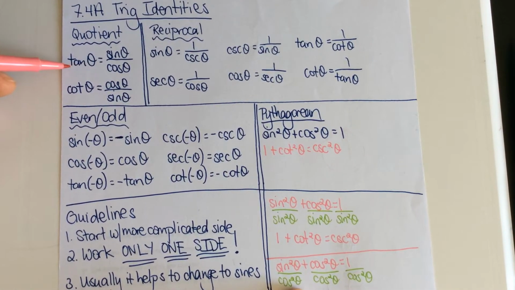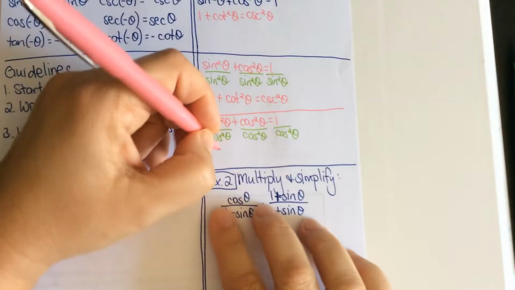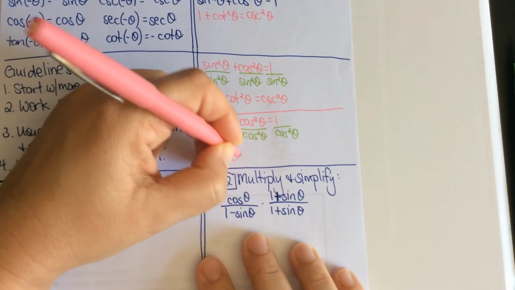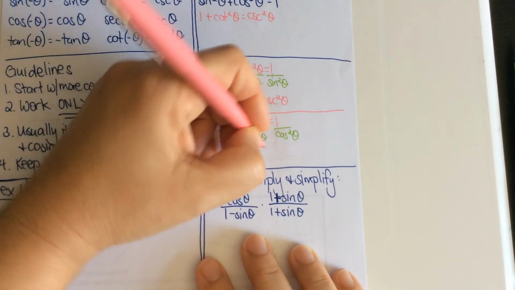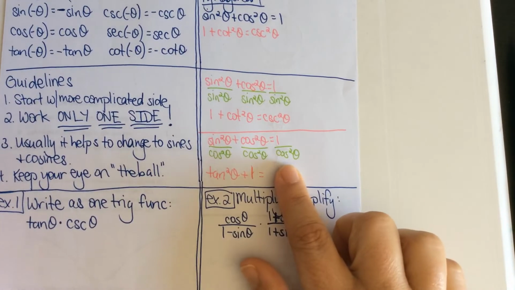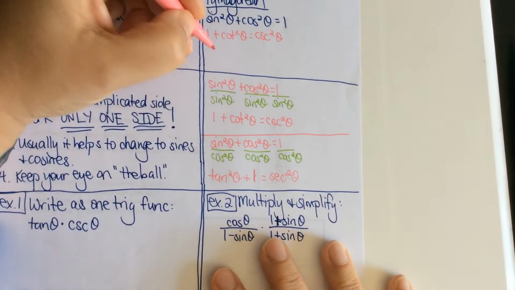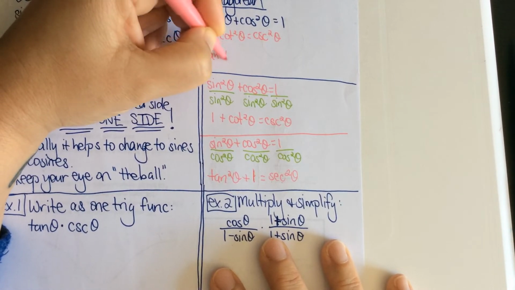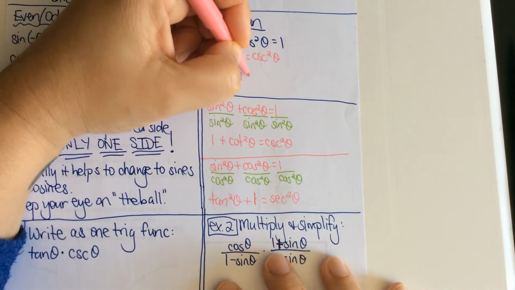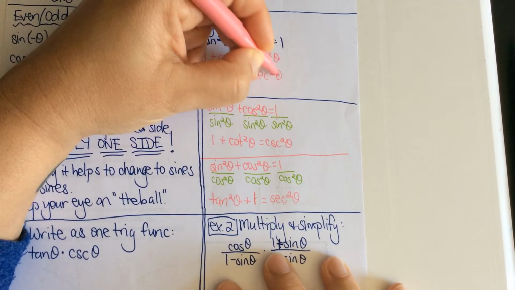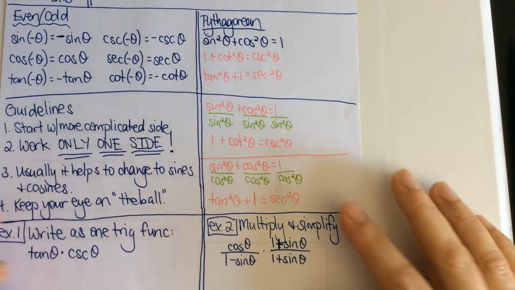Sine squared over cosine squared going up here, that's tangent squared. And then that's 1. And then 1 over cosine squared, you all know that's secant squared. So that's the third of the Pythagorean identities. Okay?